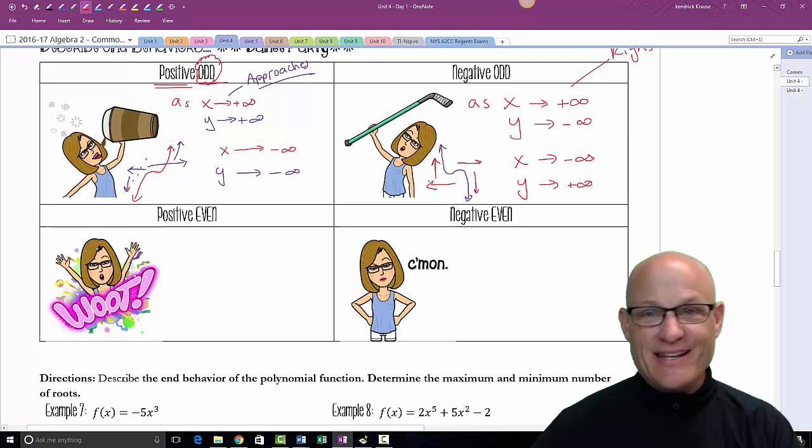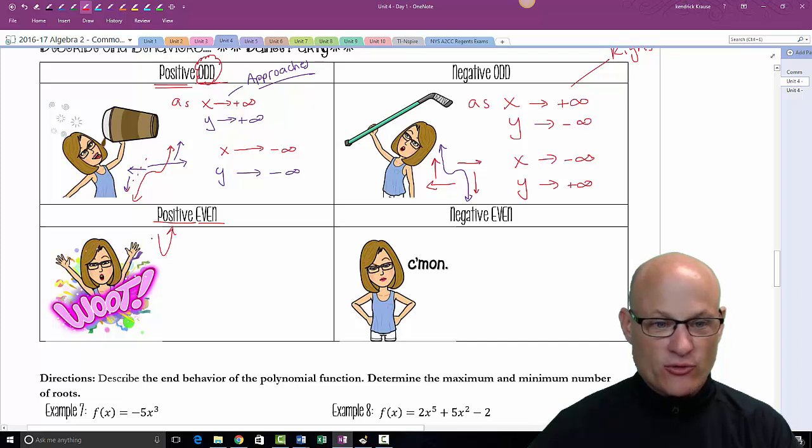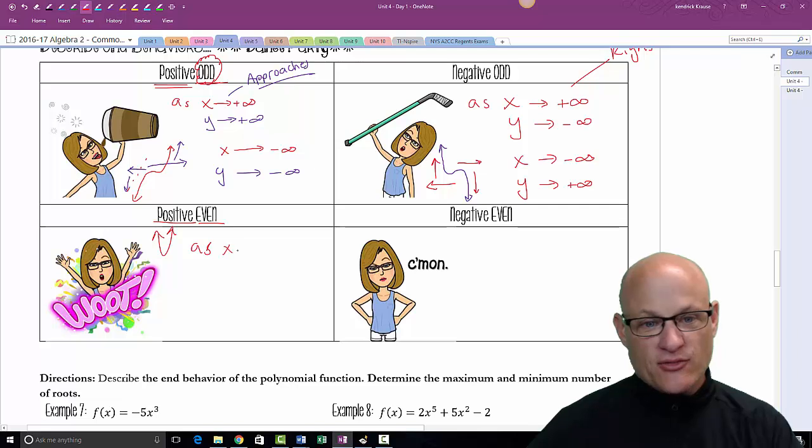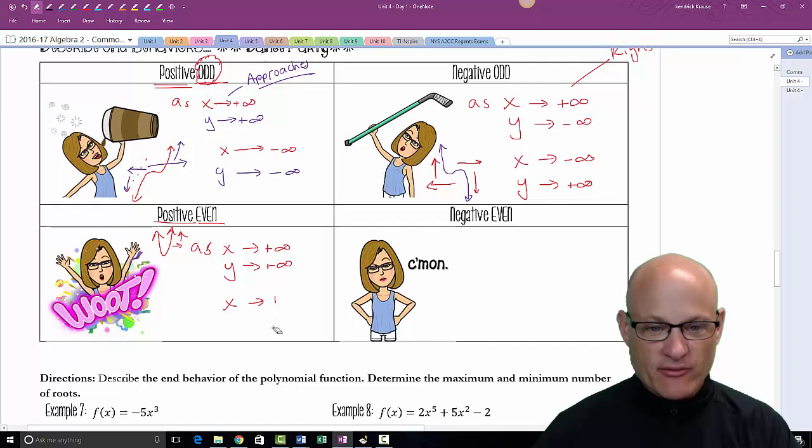Even. Now the easiest even one is a parabola. So if it's a positive even or a positive parabola, it goes to the left and the right. So as x approaches positive infinity, as x goes to the right, y is going to positive infinity. Wait, aren't both y's going to positive infinity? Yeah. As x approaches the left, oops, this should be negative infinity.